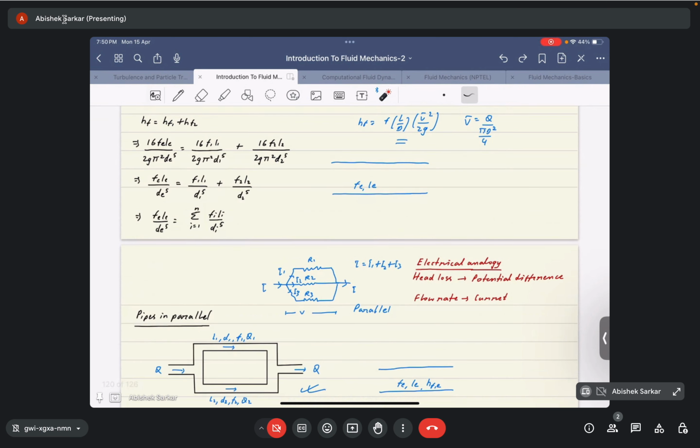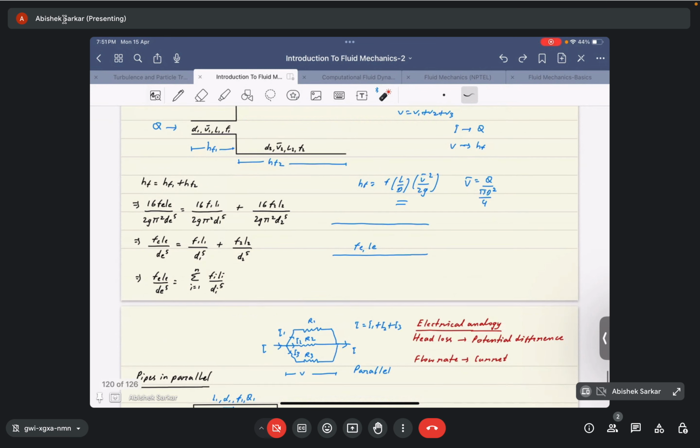Then if we cancel out the constant terms, that is 16 and 2g and pi square, we are left with FE LE by DE to the power 5 equal to F1 L1 by D1 to the power 5 plus F2 L2 by D2 to the power 5. Since there are only two pipes in series here, if we consider n number of pipes, we can write it as a summation. So FE LE by DE to the power 5 equals the summation from i equal to 1 to n of Fi Li by Di to the power 5.